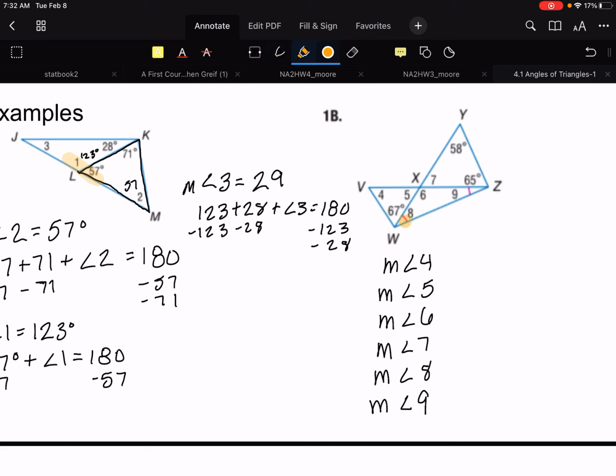Just as a reminder, because these guys here have that symbol, that means they are congruent. So whatever you find for 8 should be 9. These are equal to each other.